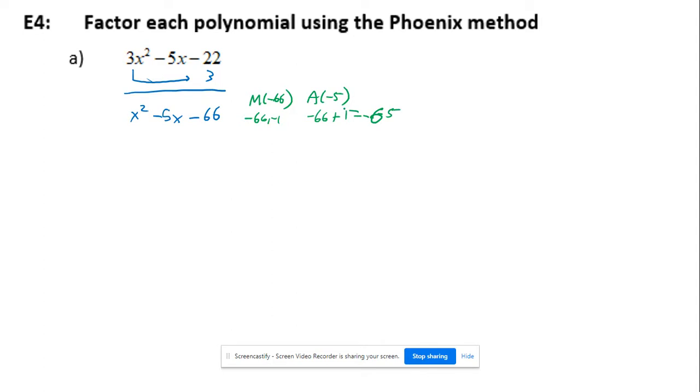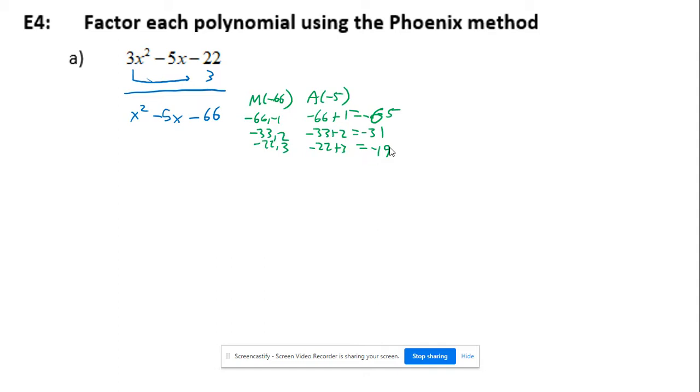-66 divided by 2 gives me -33 and 2, but -33 plus 2 is -31, so that didn't work. -66 divided by 3, I could have -22 and 3, but -22 plus 3 is -19, so it still hasn't worked. -66 divided by 4 is a decimal, I don't have to worry about it.